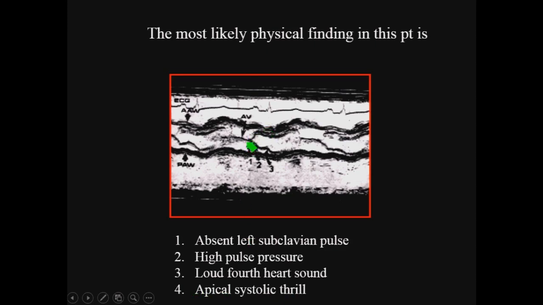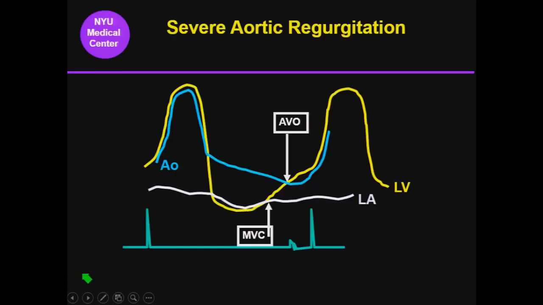So why do we have premature opening of the aortic valve in patients who have severe aortic insufficiency? This diagram will explain it. Let's look at what appears here in yellow. This is the ventricular pressure.